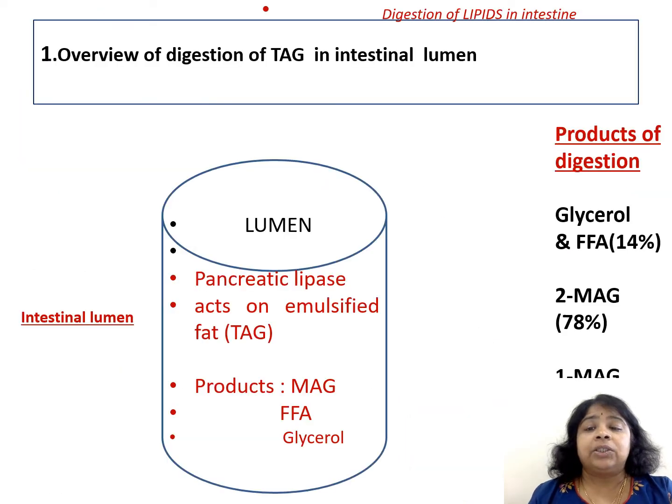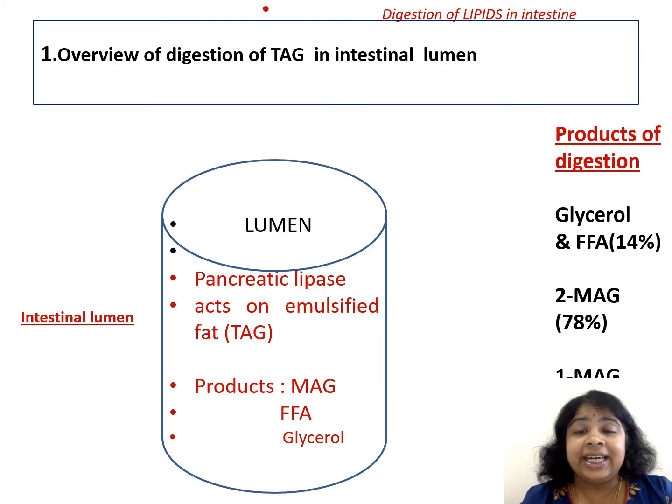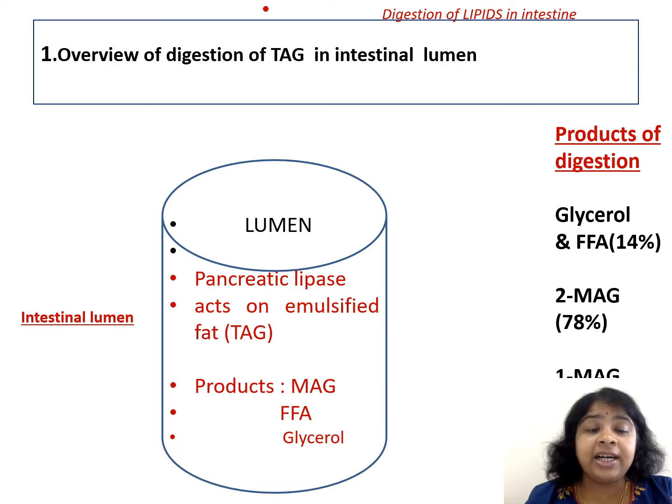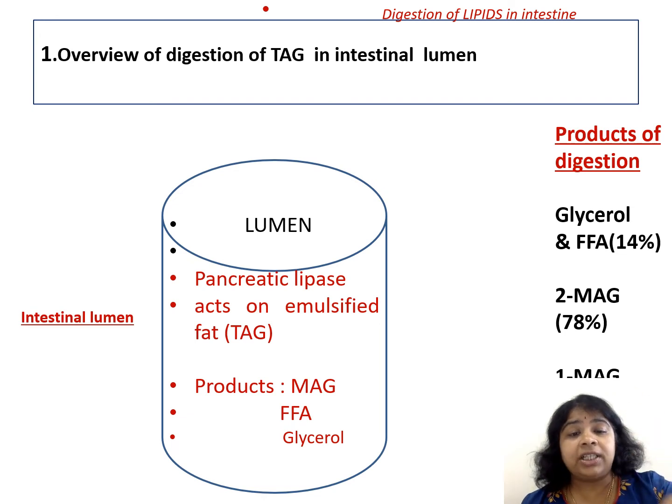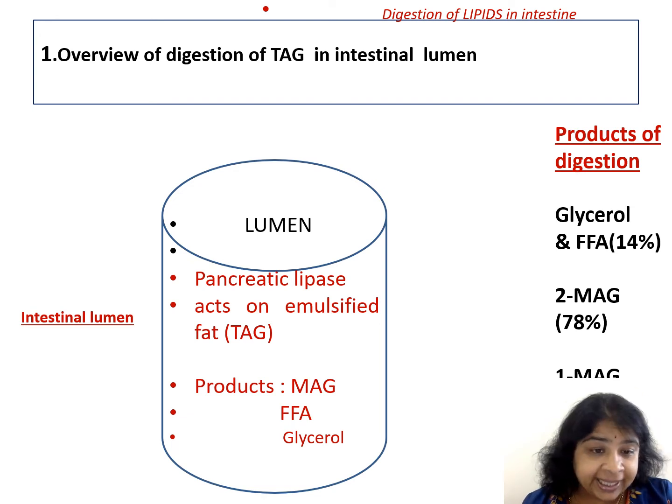This isomerase requires a little longer time for its action. So that is why, if we look at the contents in the intestinal lumen, we are going to see glycerol, free fatty acids, and a large amount of 2-monoacylglycerol, and maybe around 6% will be 1-monoacylglycerol.